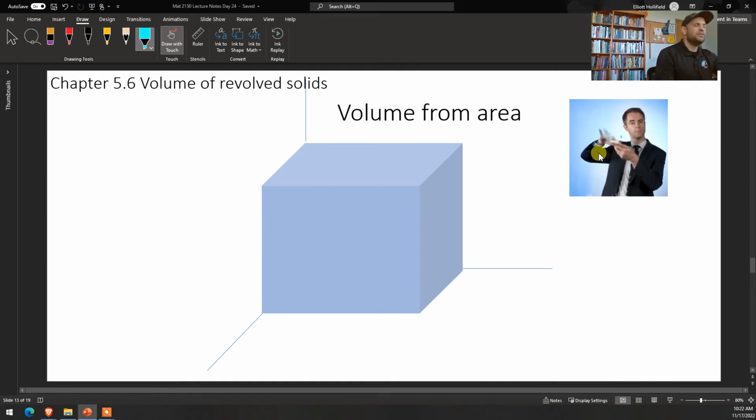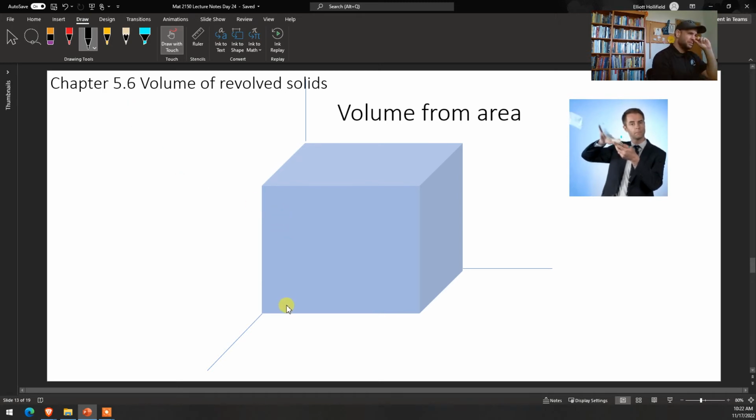Each one of those dollar bills really does have a volume, but it's a very thin slice of that paper with the cross-sectional area. And therefore, when we stack all of those together, we do end up with an object that has volume, even though each individual dollar bill has very thin width.